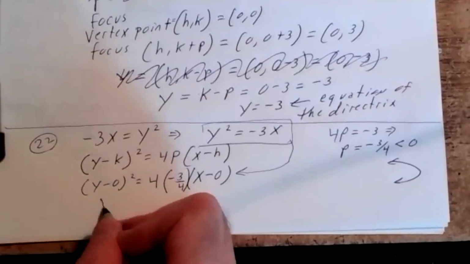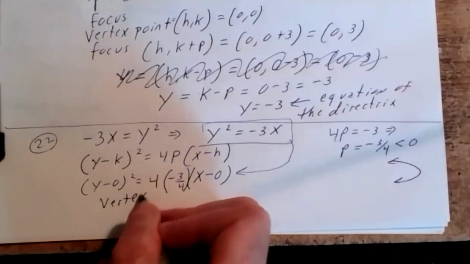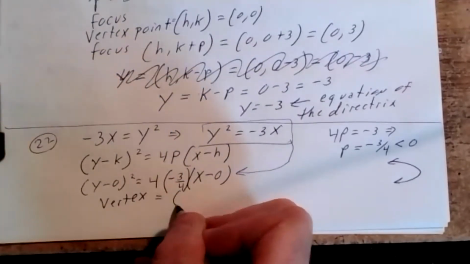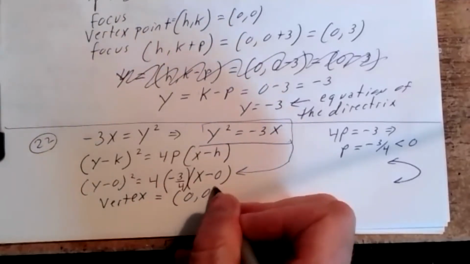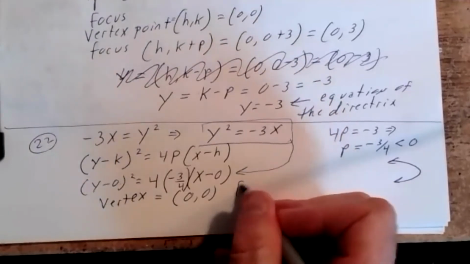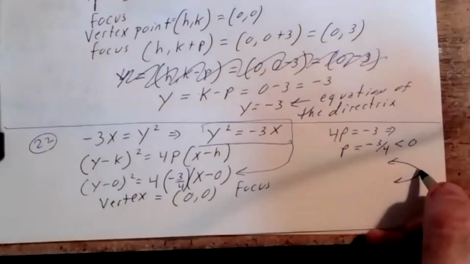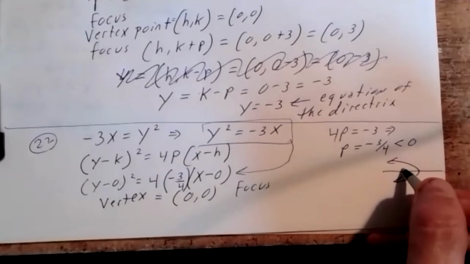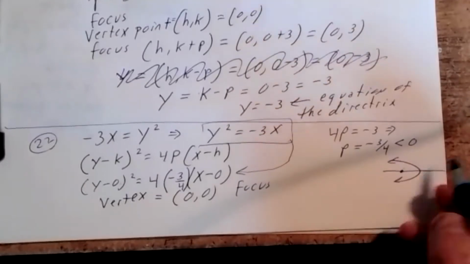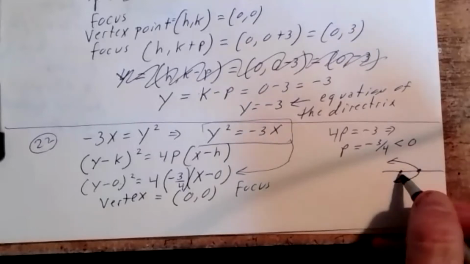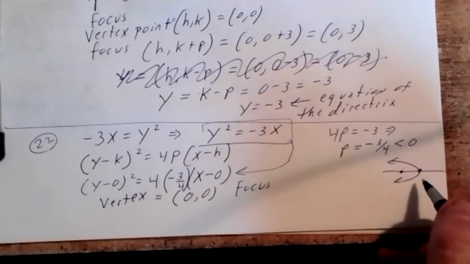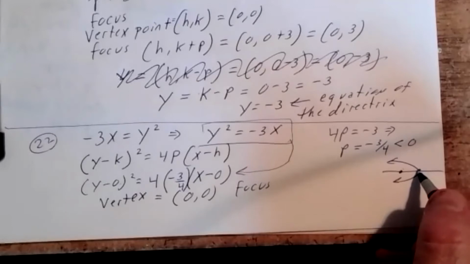So what would be the vertex? It'd be the ordered pair (0, 0) again. The focus, focus being tucked inside the branch as always, to move from the vertex point to the focus, since p is negative, we would just have to add p to the x coordinate to get the focal point.